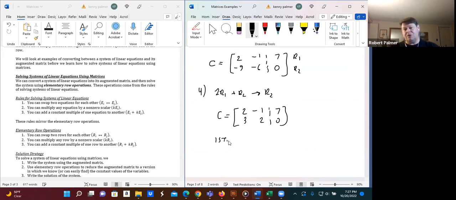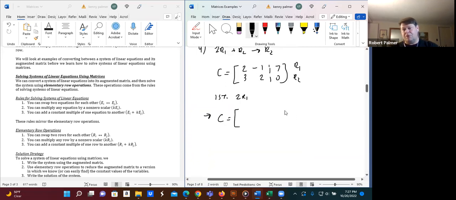So first, let's do 2 row 1. I think we've already done this. Label this as row 1 and row 2. So multiply each one of our elements in row 1 by 2. So that's going to be 4, -2, and 14.